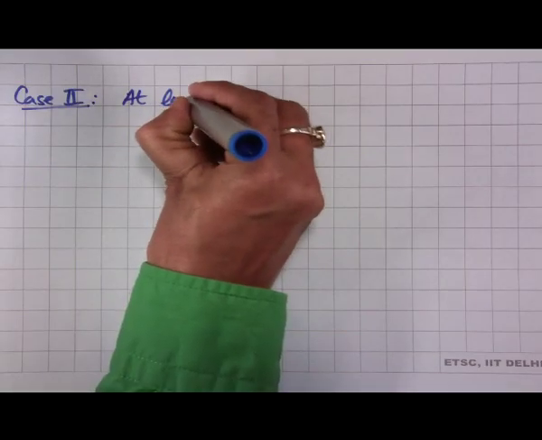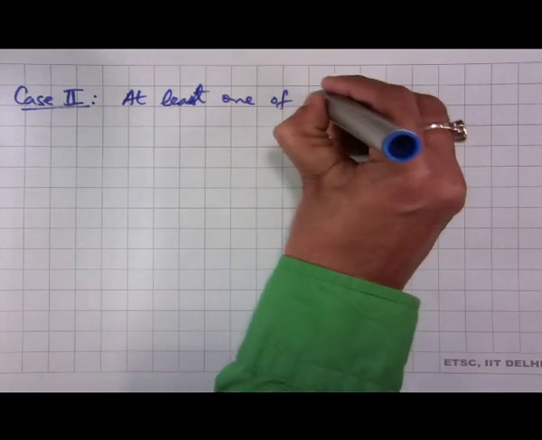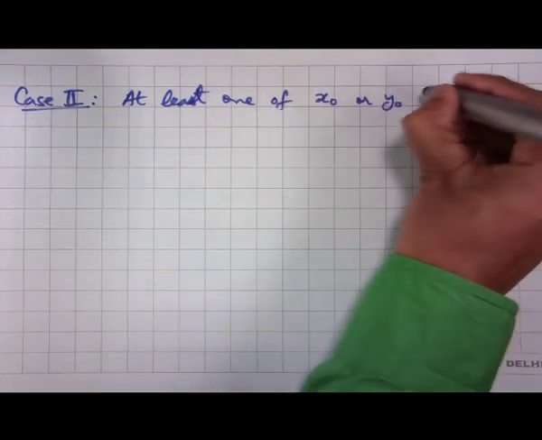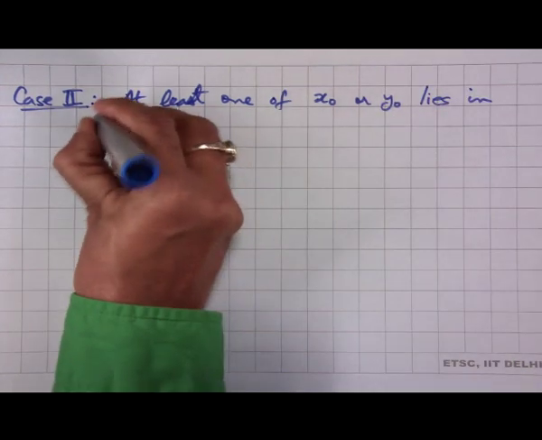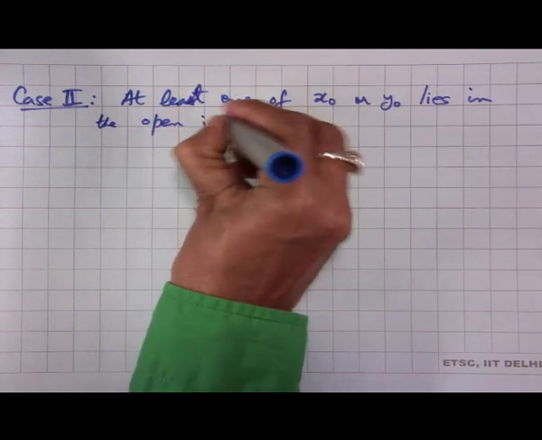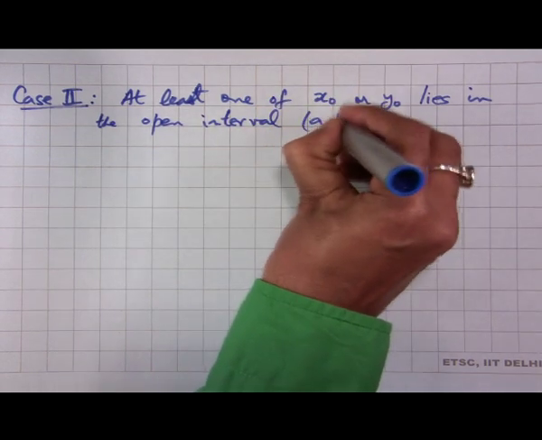Case 2, at least one of x naught or y naught lies in the open interval (a, b).